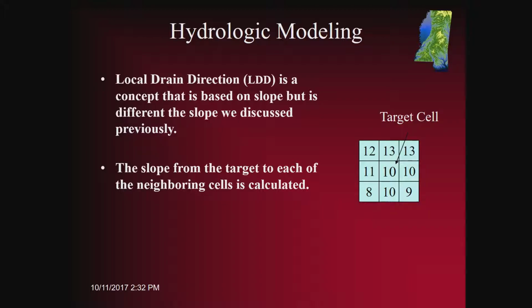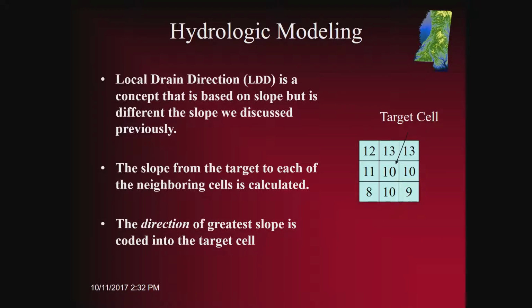It's not like we're calculating one slope value. Sorry, 9. Calculating 8 different slope values, and it's finding the one that is the direction of slope into the target.